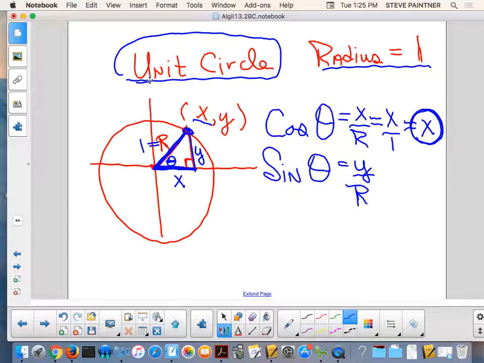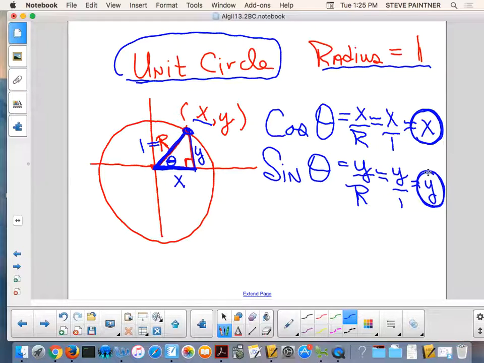Where sine of theta is y over r, or better yet, y over 1, which is what? Y. 1. So if I want cosine, you're just going to tell me it's the x value. If I want sine, you're going to tell me it's the what? It's the y value.